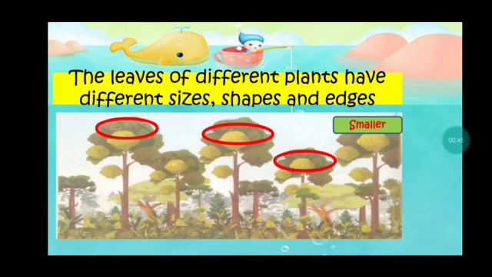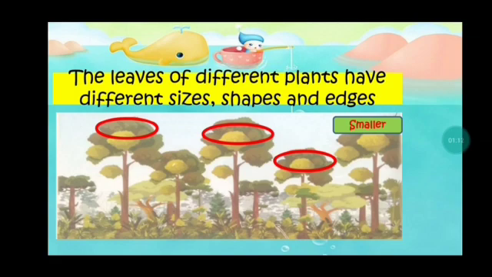Now look at the tall trees here. The leaves of the tall trees are usually smaller than those of lower plants. Why? Now please see the position. The tall trees find it easier to get more sunlight.